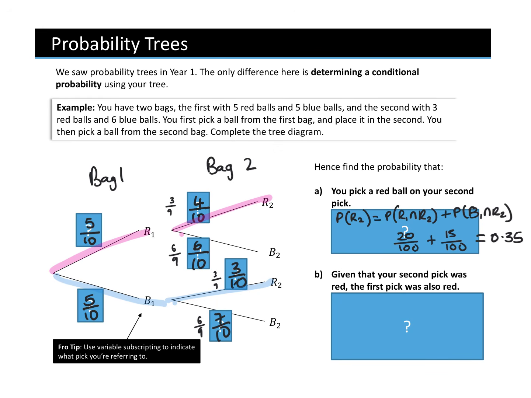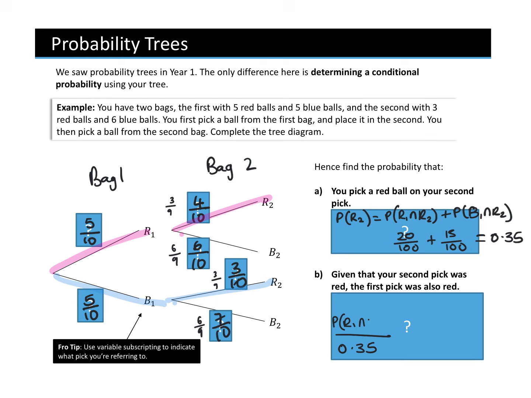Now, the last one says, given that, okay? So, given that your second pick was red. So that means my denominator is second pick red, which we know is 0.35. Okay? We need to find the probability of, given your second pick was red, the first pick was also red.